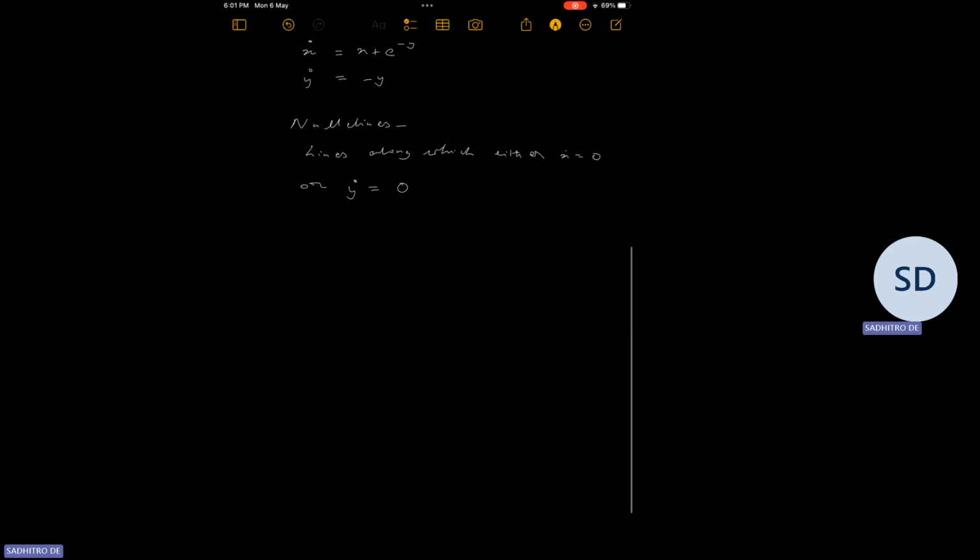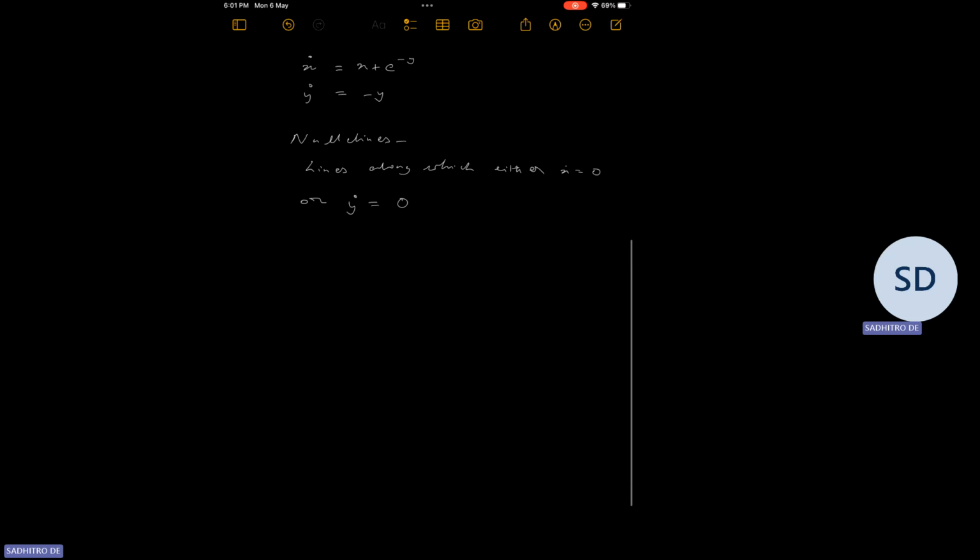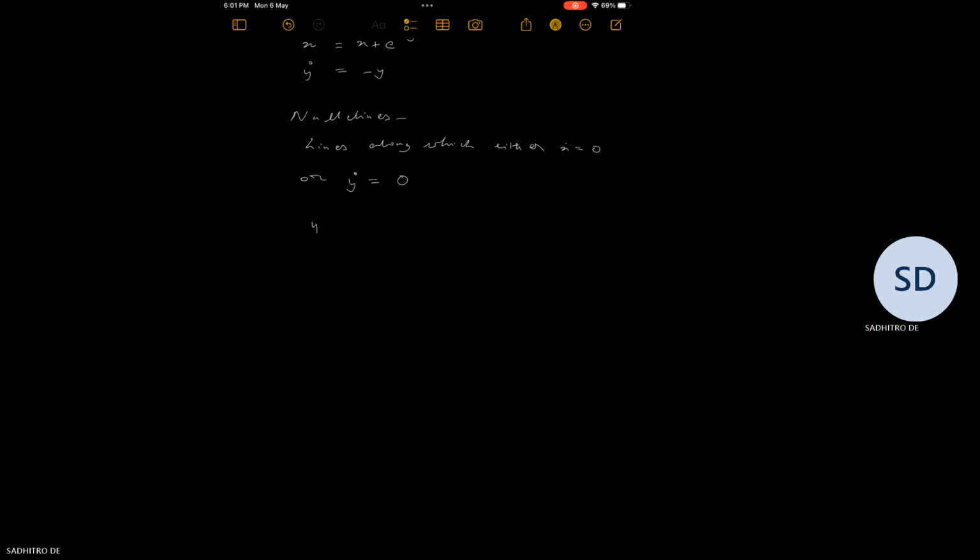So x dot equal to 0 basically refers to the x null plane, meaning that there is no flow in the x direction along that null plane, while y dot equal to 0 represents a y null plane. So if you look at this system, the y null plane is basically given by the y equal to 0 line. Okay, so that means along this line, y dot equal to 0, that means flow is parallel to the x-axis, right?